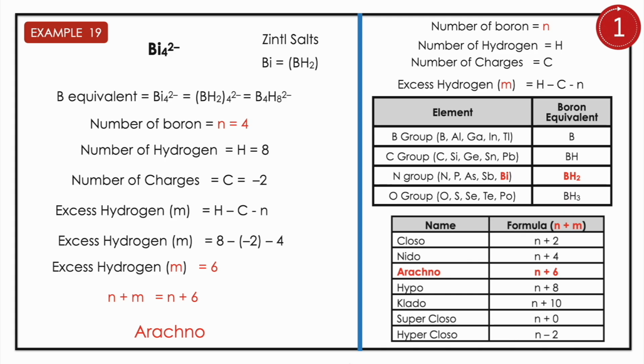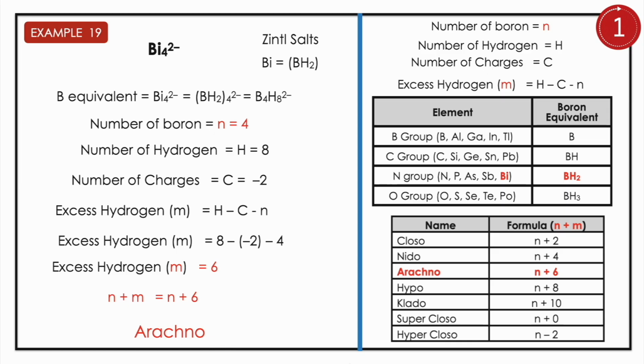Bismuth is in the nitrogen group, so the equivalent will be BH2. If you substitute BH2 for bismuth, the formula becomes (BH2)4 2 minus. If you rewrite it, you have B4H8 2 minus. The compound becomes a simple borane. So we can apply Wade's rule.